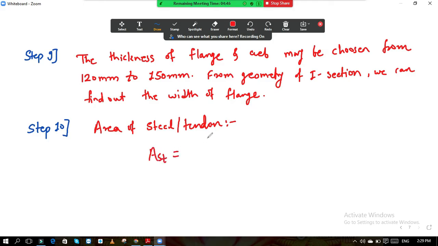So AST is equal to this force divided by safe stress in steel. Okay. Then step number 11.